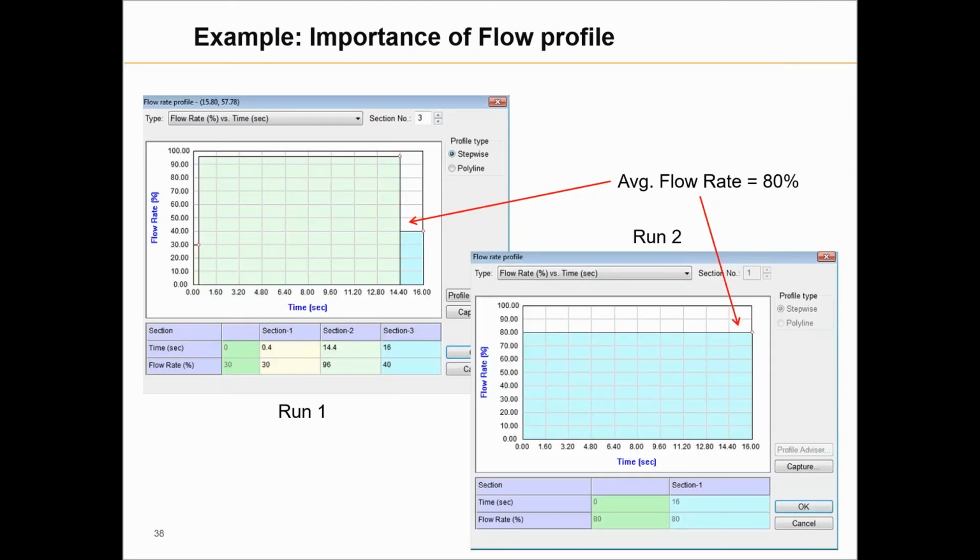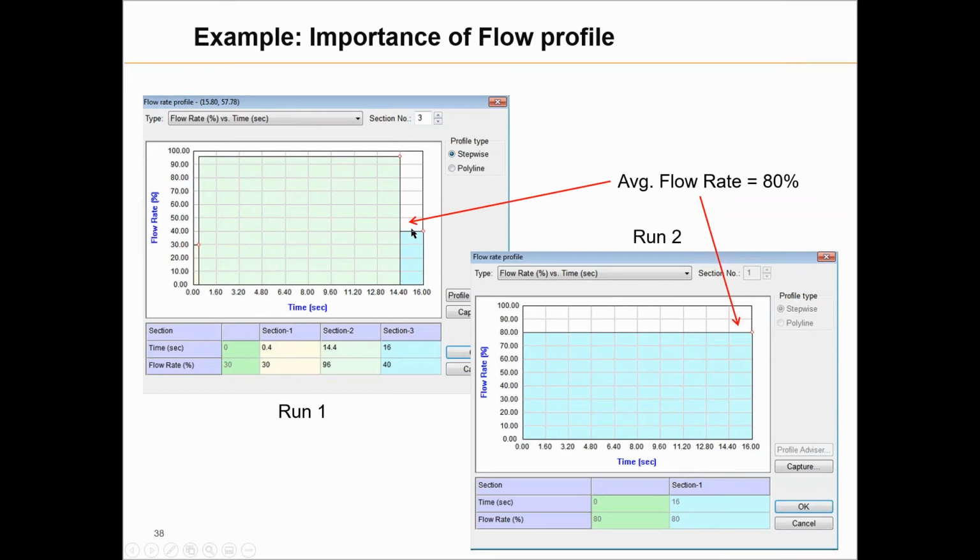And of course, depending on the kind of process you input, that will impact again what your results are. So in this example, you're looking at two different flow rate profiles. Now, the average flow rate in this case is still the same between the two cases. But in the first case, you have a much slower flow rate to begin with, and then there is a ramp up to the flow rate.